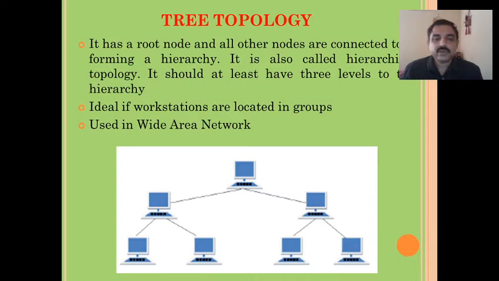So there will be a central node, which we call a root node, which is connected to subordinate nodes, which again have further divisions. It is ideal when workstations are located in groups. These are used in wide area networks.